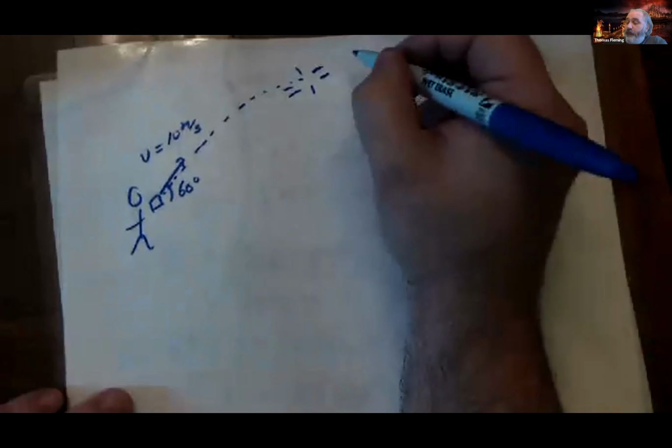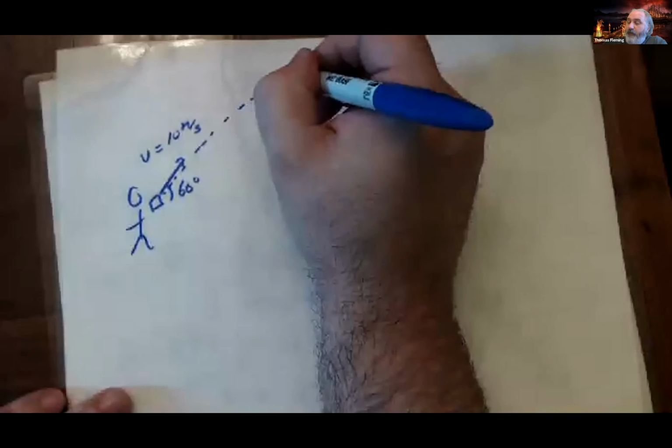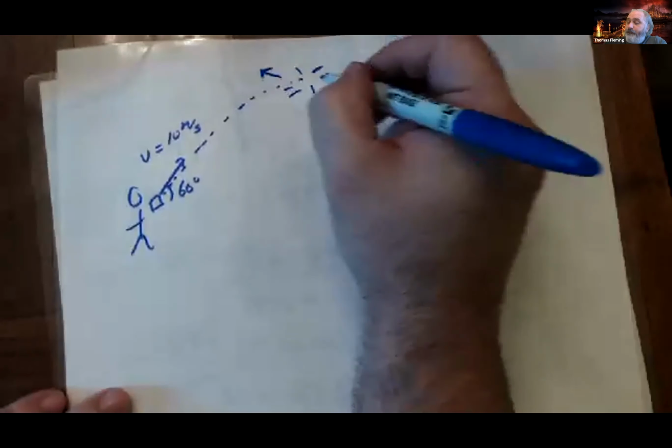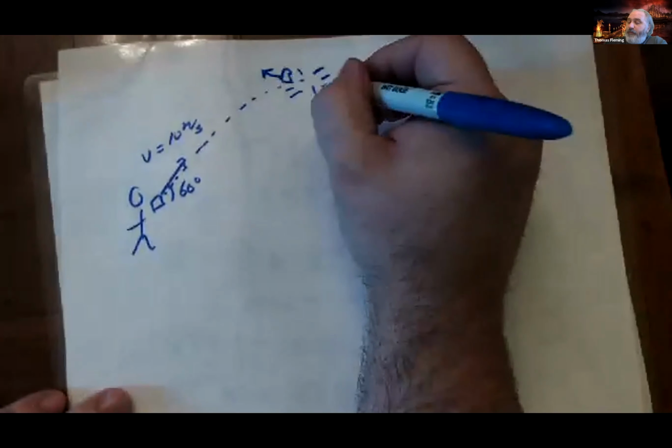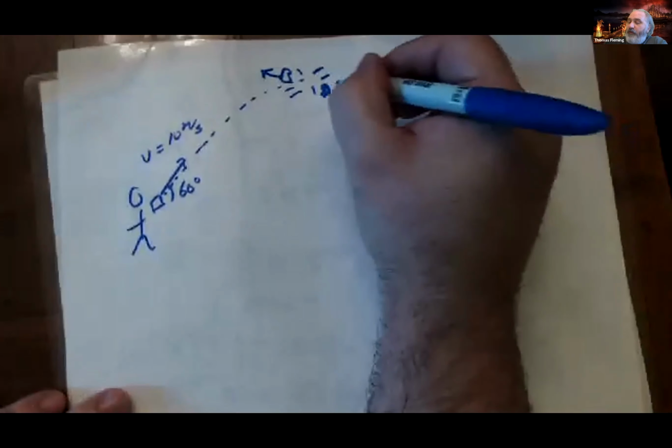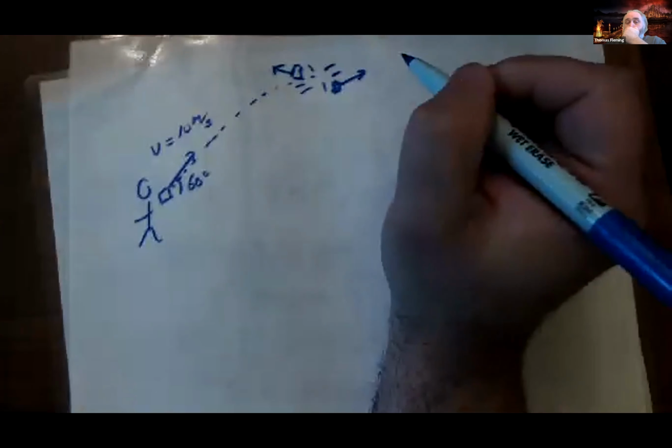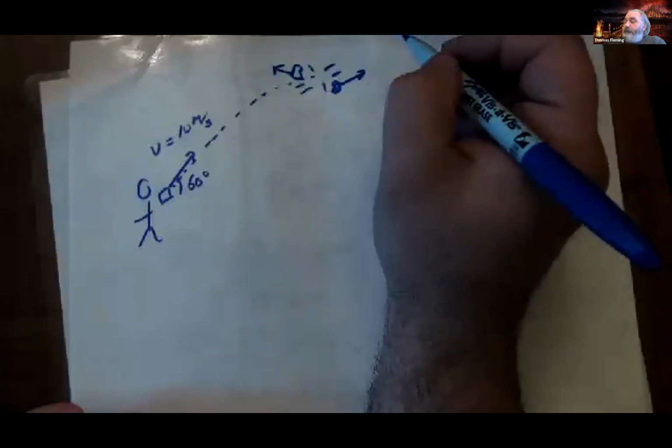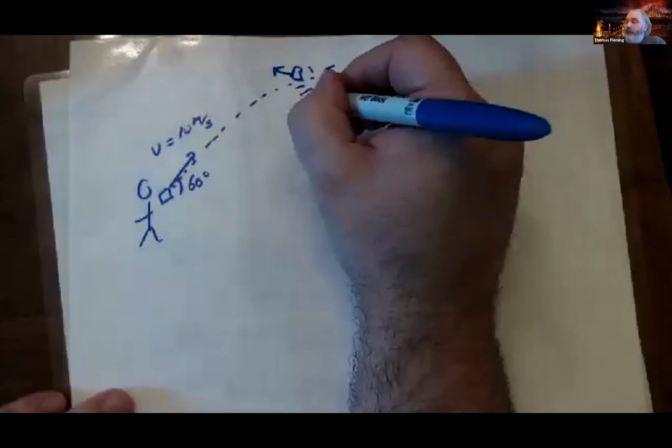And what's going to happen is, let's, for simplicity's sake, say that it explodes into two pieces. One piece goes flying this direction, and the other piece goes flying off that direction. Or, heck, let's make it three pieces.